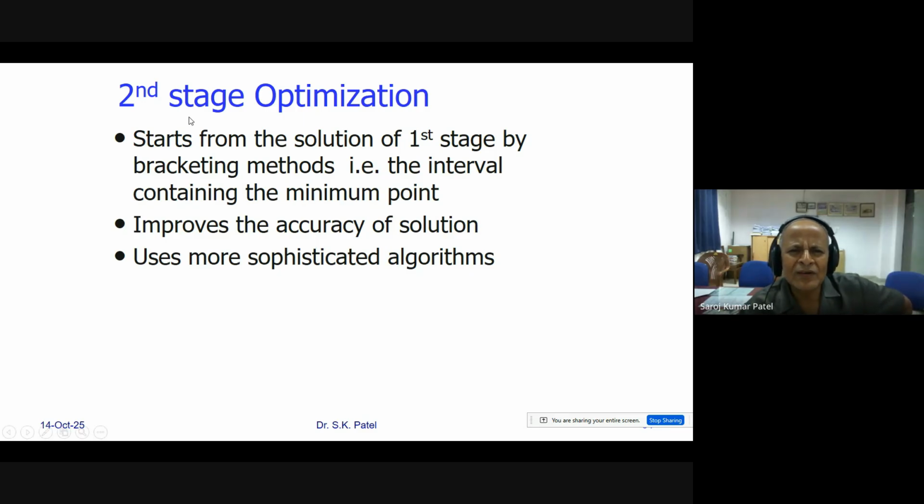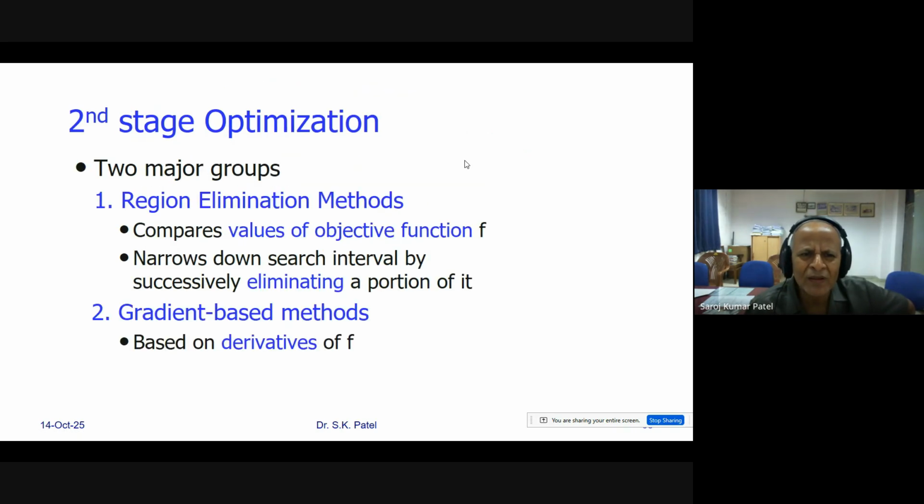Now let us consider the second stage of optimization. We start with the interval you get from the first stage, that is the exhaustive search method, and then we improve the solution. In the second stage, you use either a region elimination method or a gradient based method. In region elimination methods, you don't calculate any derivative.